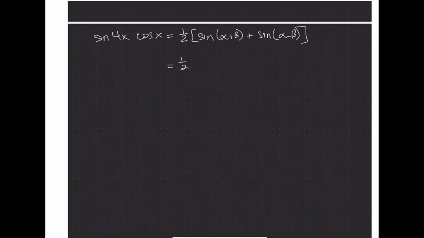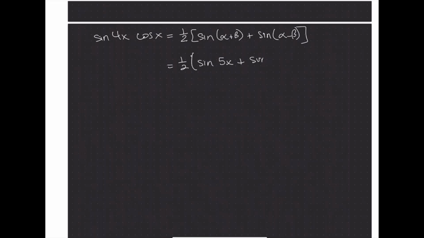You might even be able to go straight to the answer. So we know we got 1/2, and then we have the sine of, what's alpha plus beta? Good job, thank you. 5x, right?